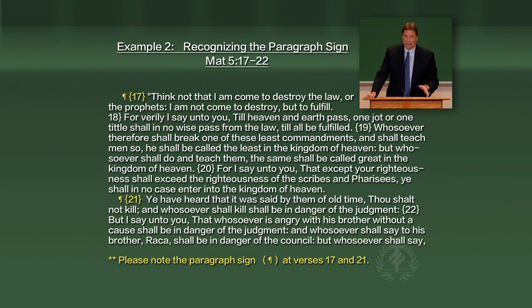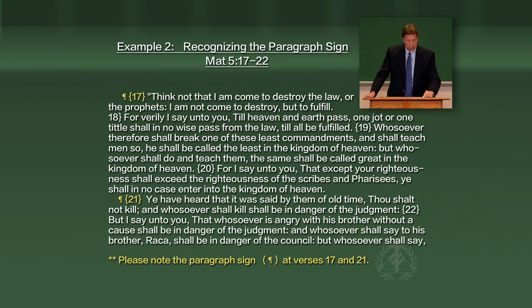Every time you see that paragraph sign, what does that indicate? That indicates that scholars have already decided that that portion of Scripture begins a new thought, a major theme, another idea. And so as we study in our example, we see a paragraph sign at the beginning of verse 17 in Matthew 5:17 through 22.